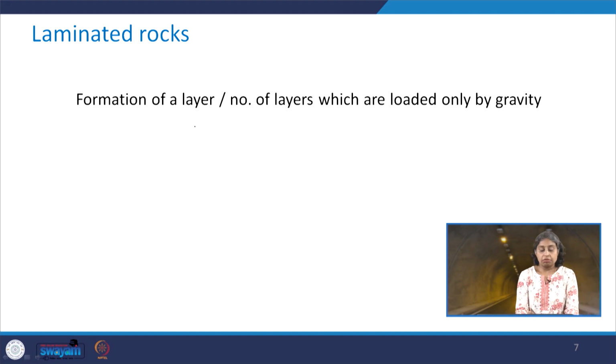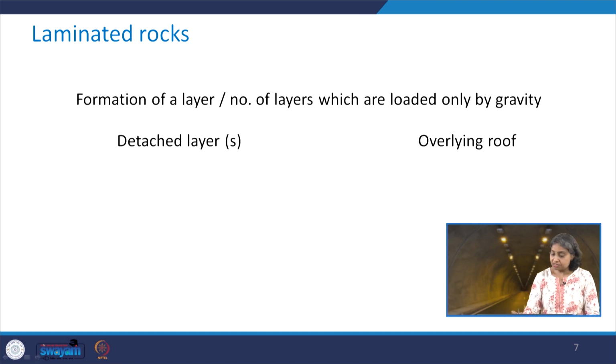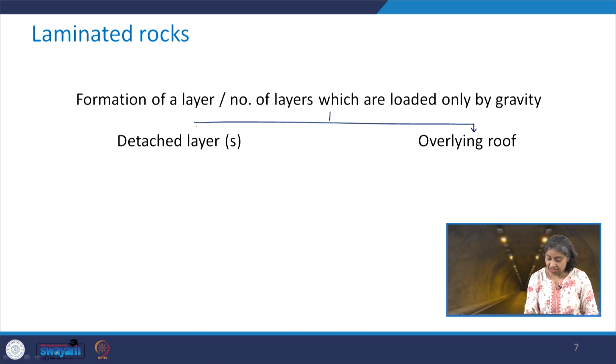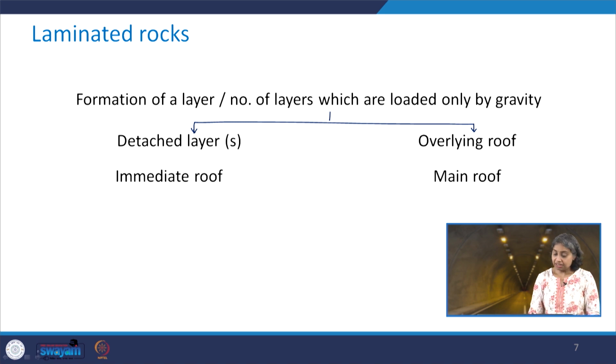Now, what we have is the formation of a layer, or there can be a number of layers which are loaded only by gravity. Now there are going to be two situations. We can have the detached layers, or we can have the overlying roof. Further, this detached layer is called the immediate roof and the overlying roof is called the main roof.